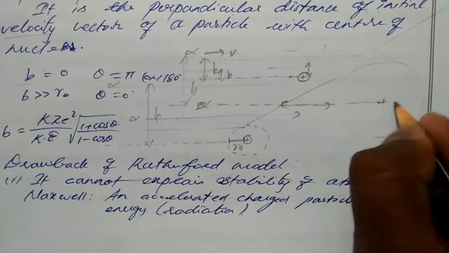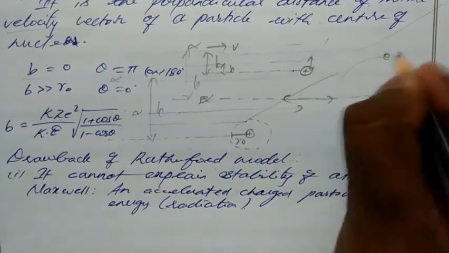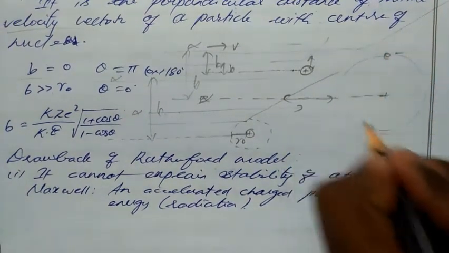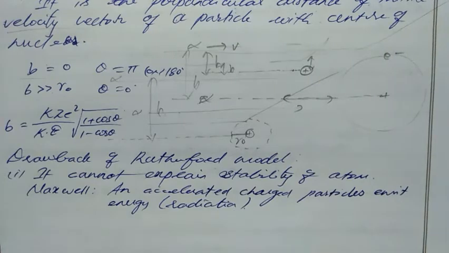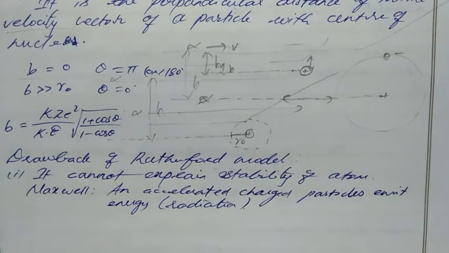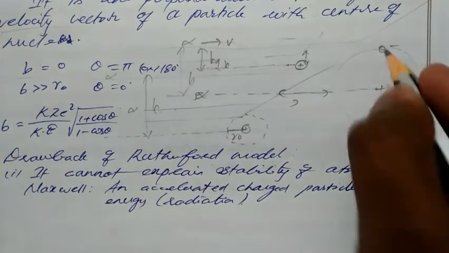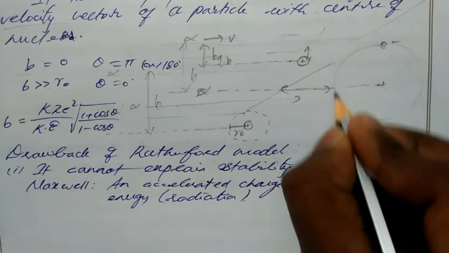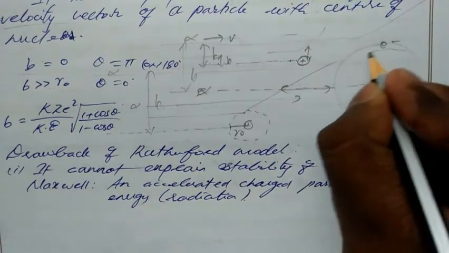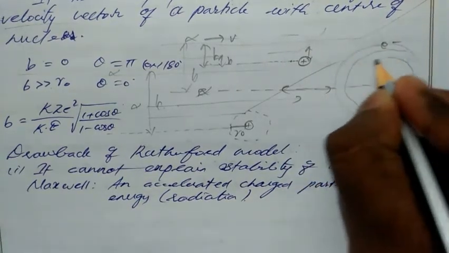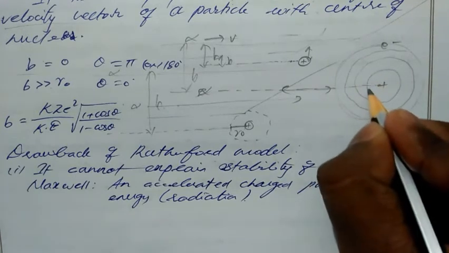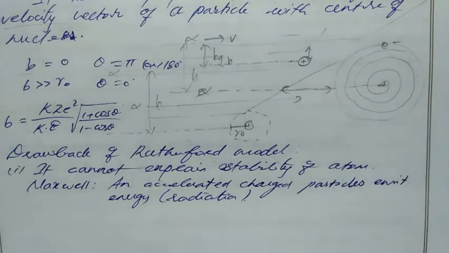So when the electron rotates around the positive charge, after each revolution it loses its energy. It loses energy again and again, so it cannot rotate any more.